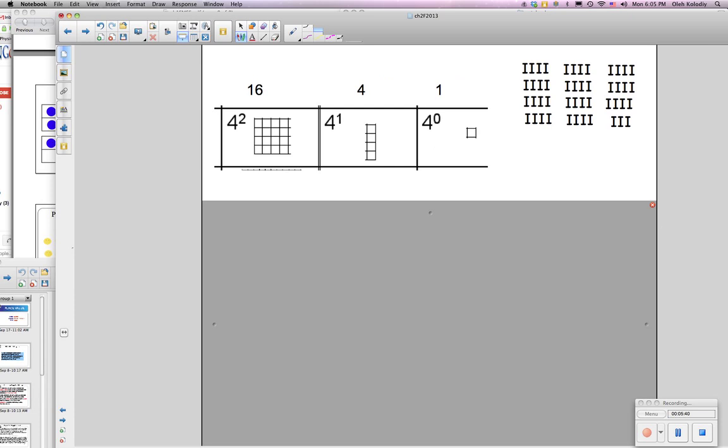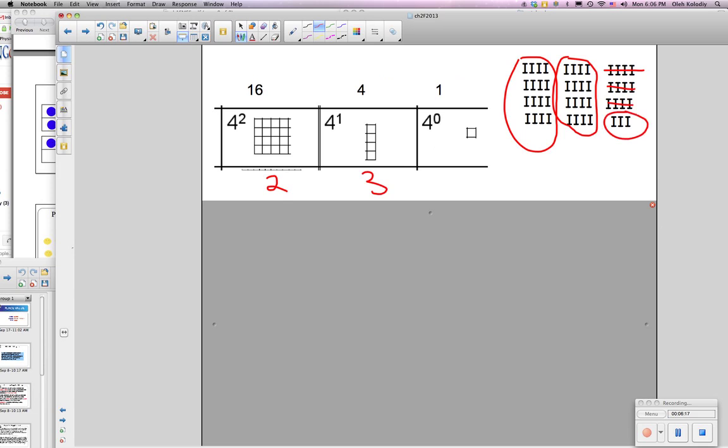Well, imagine we have 47 objects, like I have here. So here's one group of 16, another group of 16, that's 32, and you can't make another group if you have 47. I don't have enough for another group, so you can make two groups of 16.